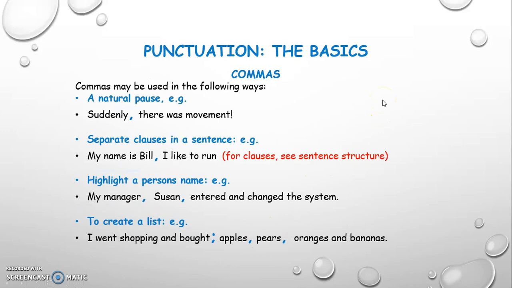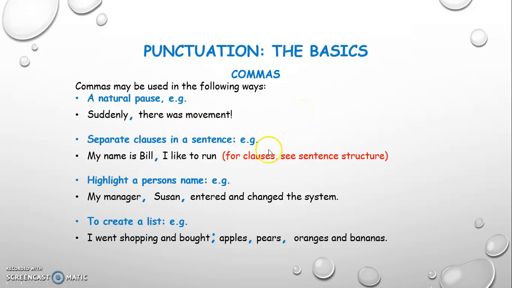Let's have a look at commas. Commas can be used in the following ways. You may remember from school you were taught a natural pause, and this is true for the most part. Suddenly, there was movement. And you can see the use of the exclamation mark here to show emotion. Separate clauses in a sentence.